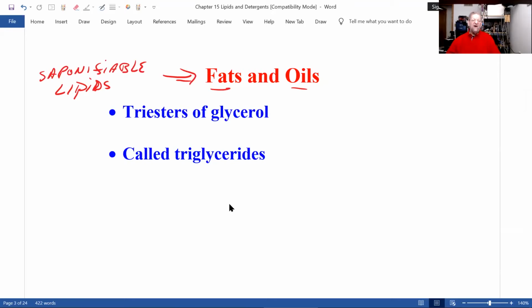Now, fats and oils sometimes are called triesters of glycerol, and sometimes they're called triglycerides. A number of years ago, when I started with this new doctor, unfortunately, he had to retire, but in the practice, they still have another really good doctor. I went in and had my annual checkup. They did the blood test, and he said, I need to talk to you. He said the obvious: you have high blood pressure, you're overweight, and your triglycerides are too high.